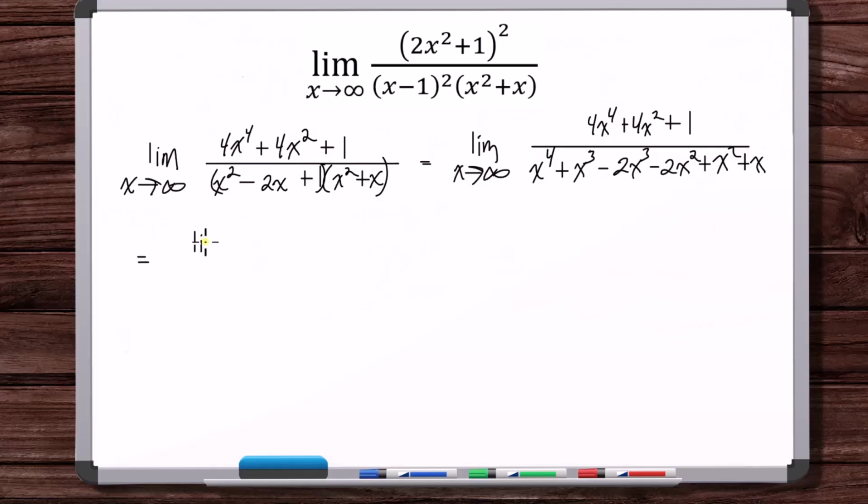So you've got x to the fourth, then minus x cubed minus x squared plus x.